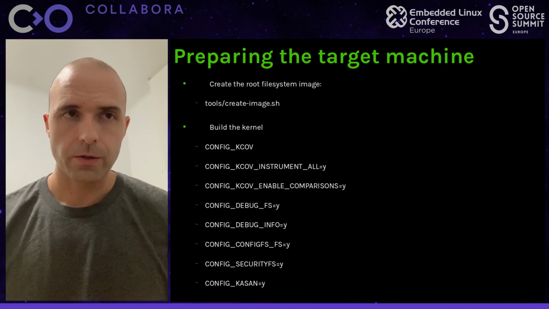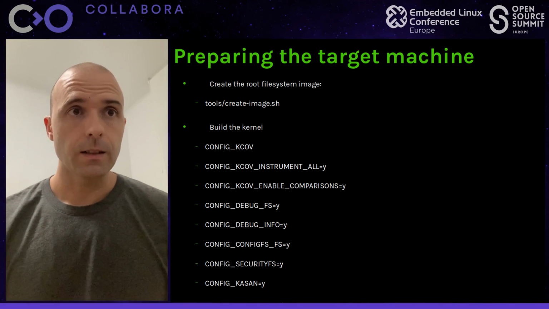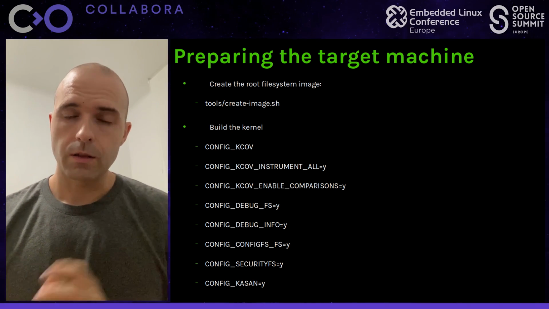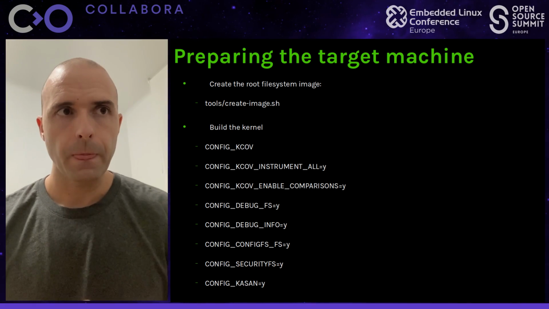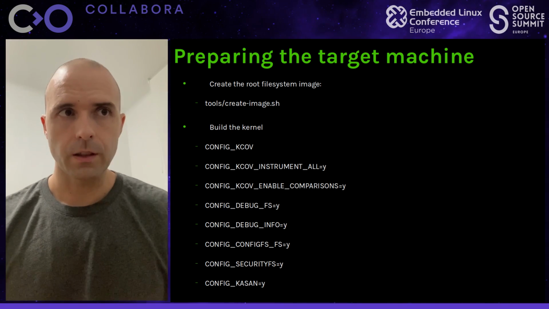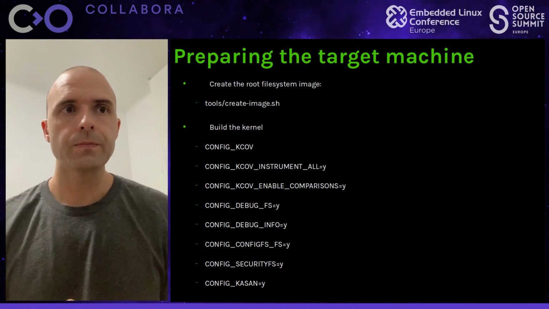And also, of course, the kernel should be generated with at least a set of debug options enabled, which is all well documented in the Syzkaller documentation. And you can see that it at least enables and configures kcov and one of the sanitizers here, KASAN.